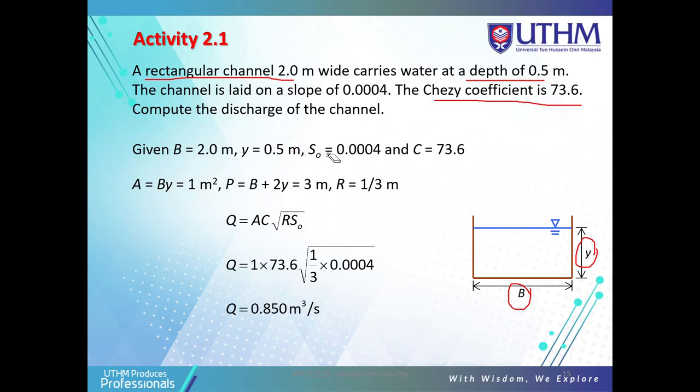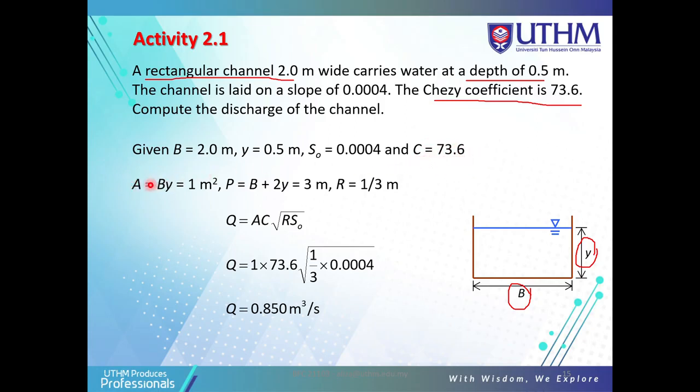Given B, the water width, is 2 meters, S0 is 0.0004 and the Chezy coefficient C is 73.6.